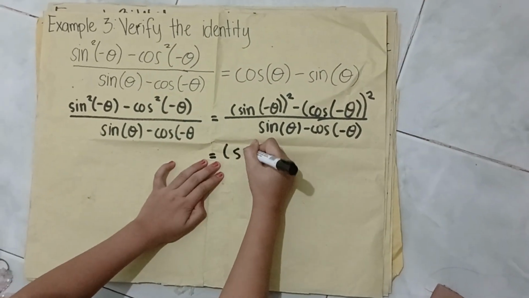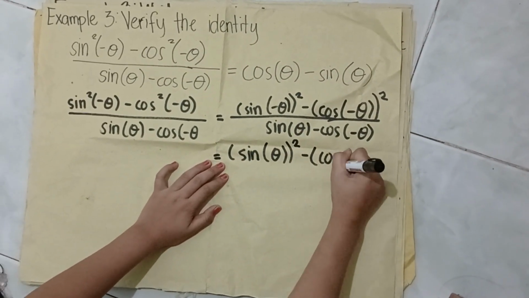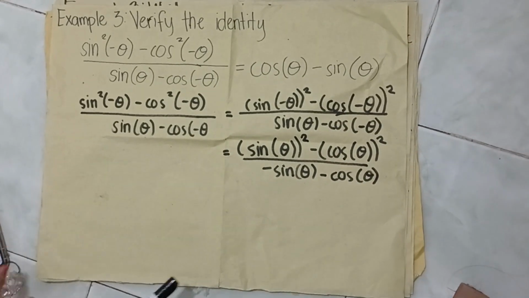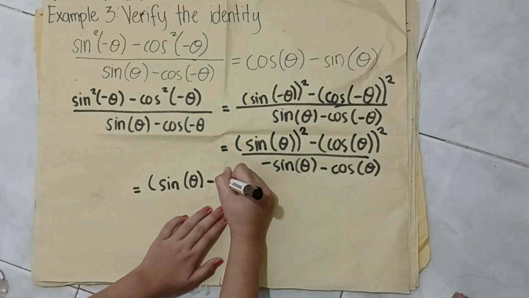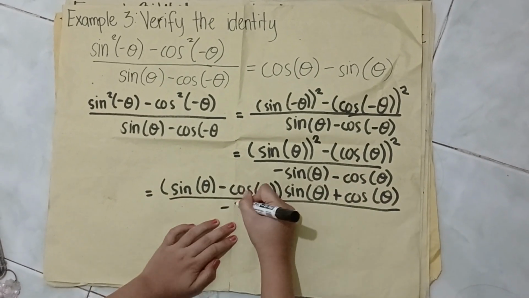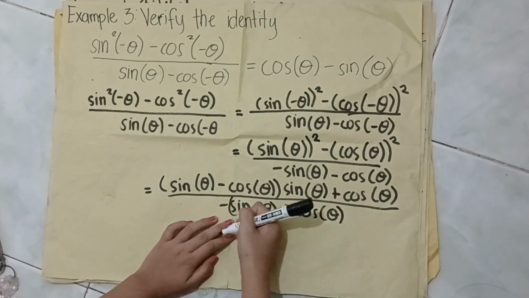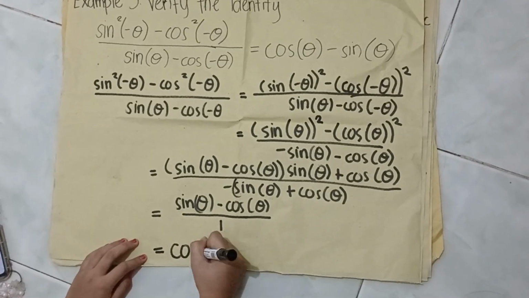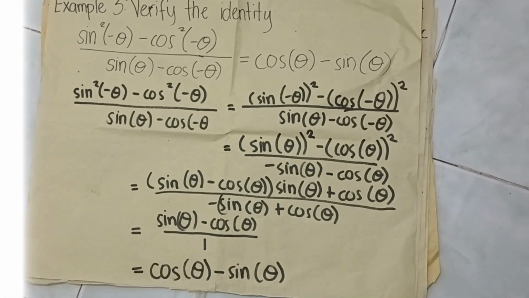After that, we apply the difference of squares. And then, we factor and simplify. Therefore, the identity is verified.